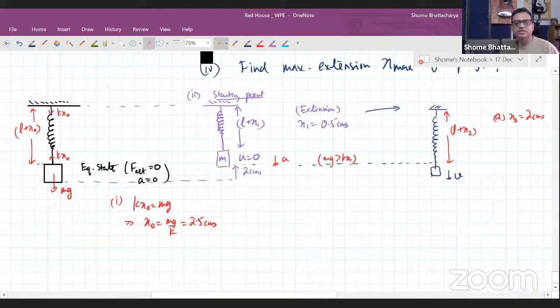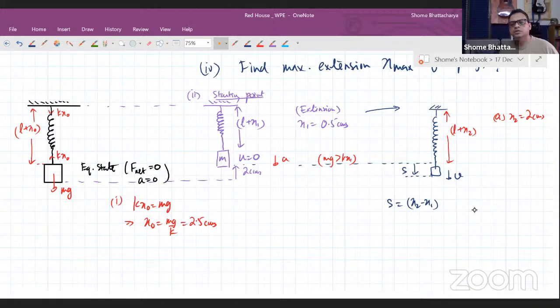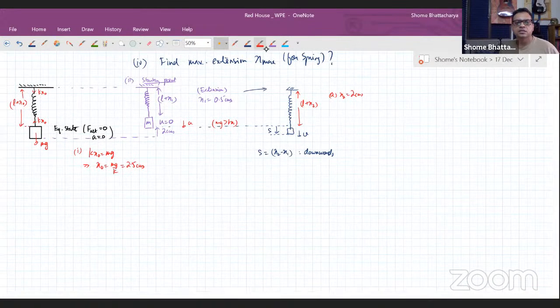So if you compare what is the displacement of the block from this position to this position, the downward displacement of the block S will be equal to x2 minus x1 downwards. Okay. So again, if I'm specifically referring to my part A, the displacement of the block when x2 is becoming 2 centimeters is 1.5 centimeters downwards.